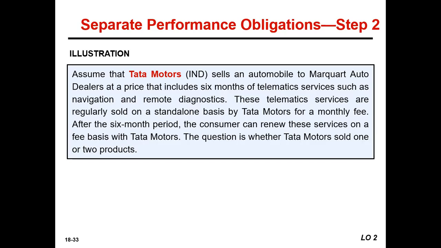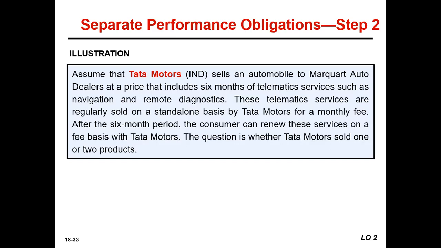These telematic services are regularly sold on a standalone basis. Other than the automobile, Tata Motors is also selling or providing telematic services for a monthly fee. After the 6-month period, the consumer can renew the services on a fee basis with Tata Motors.